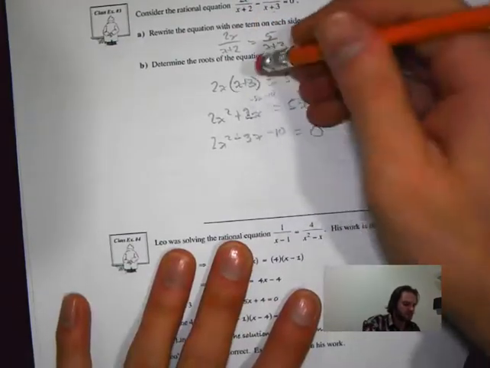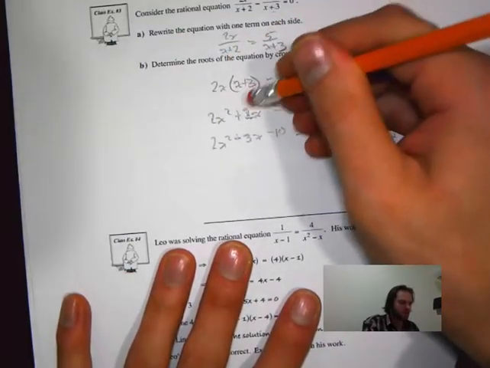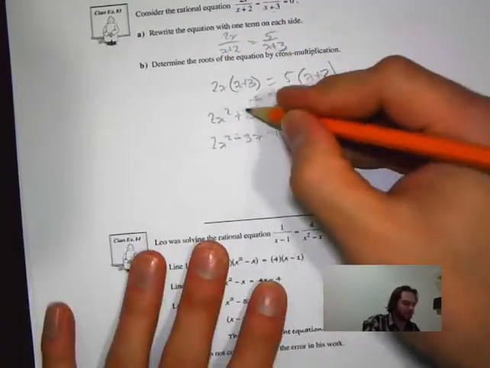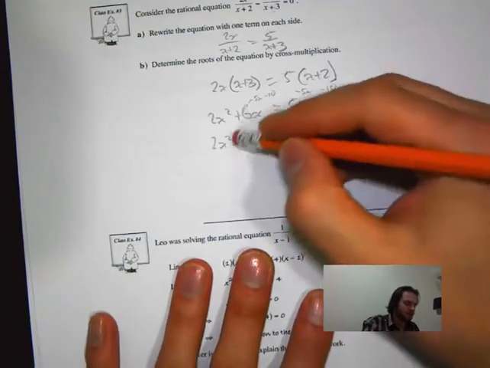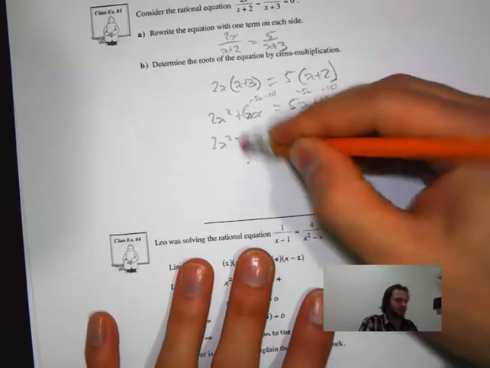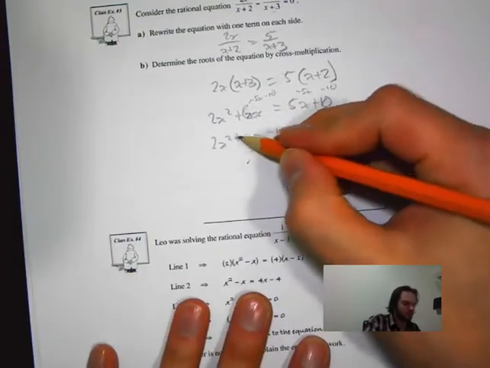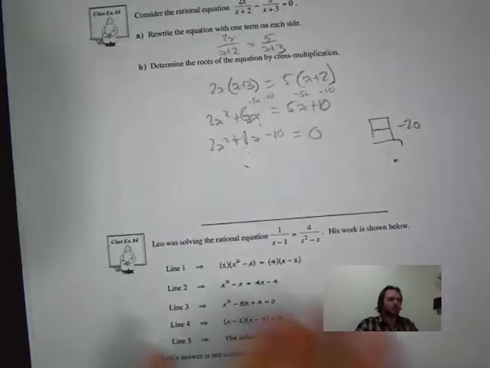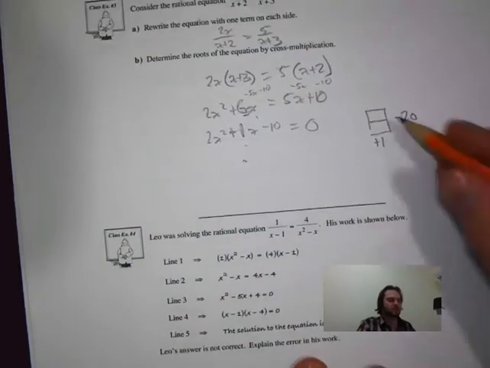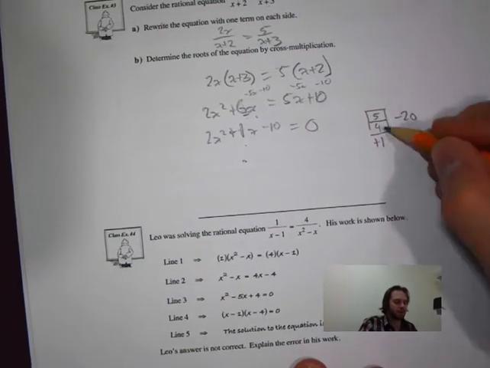Whoops, sorry. 2x times 3 is 6x. This should be 6x. There we go. 6x minus 5x gives me plus 1x. There was my mistake. So this is plus 1. So we have 5 and 4. This is going to be negative.